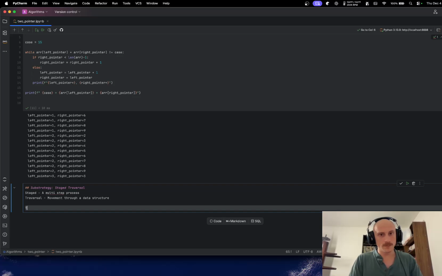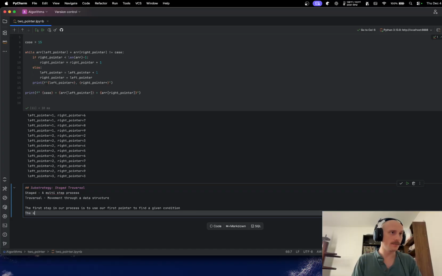Step 1. The first step in our process is to use our first pointer to find a given condition.